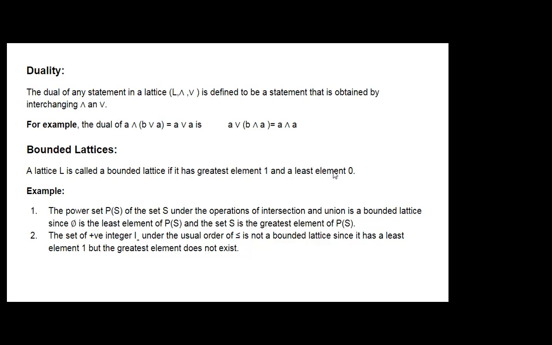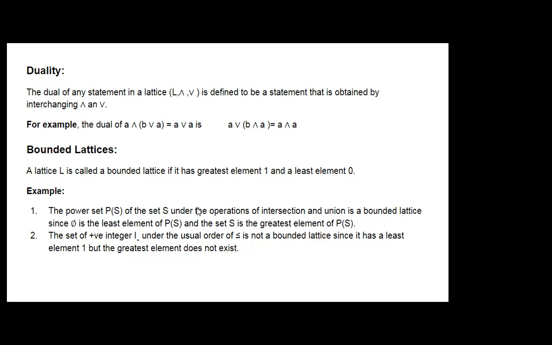So if the greatest element in that lattice is 1 and the least element is 0, then that lattice will be known as a bounded lattice. The example given here is the power set P of S of the set S, under the operation of intersection and union. It is a bounded lattice since phi is the least element of P of S and the set S is the greatest element of P of S.